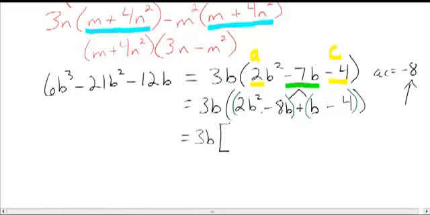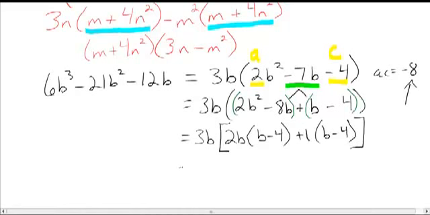Well, in this first pair of terms, 2b squared and negative 8b, I can pull out 2b. And this leaves me with b minus 4. And look here, b minus 4 is already what I have in the other pair. So I'm just going to say plus 1 times b minus 4, because I can always factor out a 1.